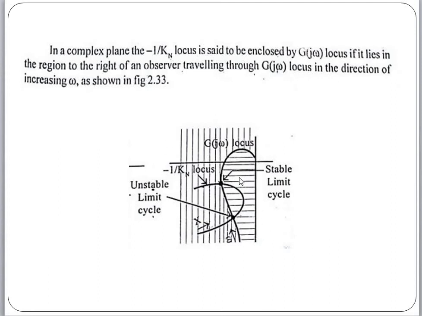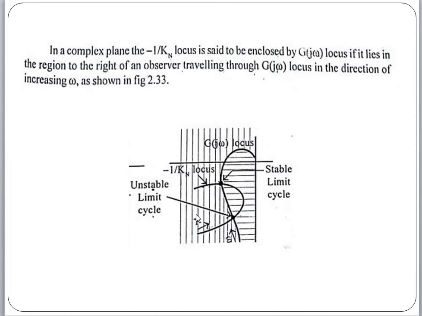And what about this region? The region with horizontal lines. So here the g of j omega locus is enclosing the minus 1 by kn locus. Hence this is the unstable region.